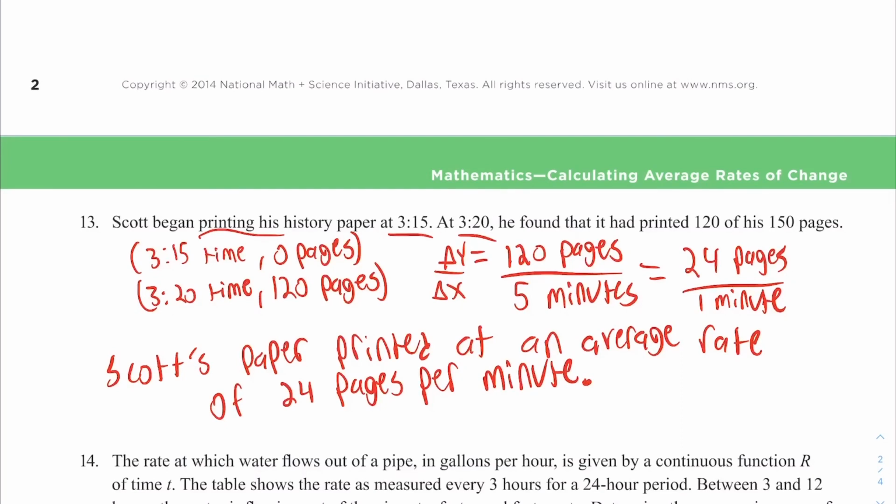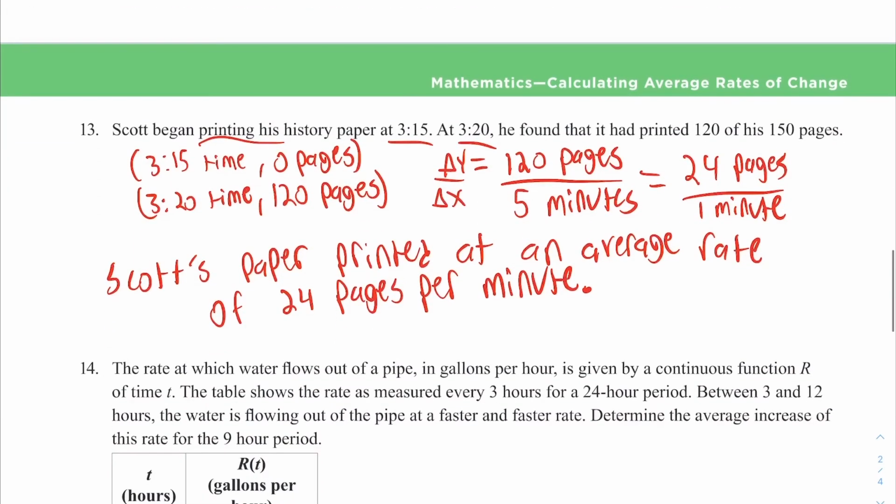Once again, it's important to say average because it's possible that some printers take some time to warm up at the start, so they wouldn't be printing as fast. And then once they get their ink all hot and ready to spray on the paper, then it goes nice and fast to get that 24 pages per minute.